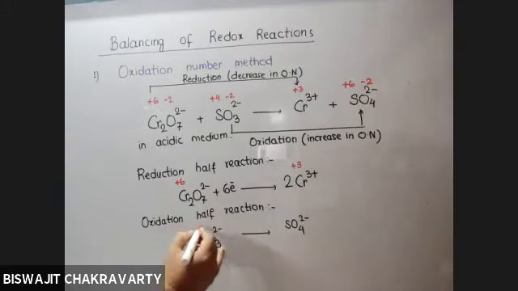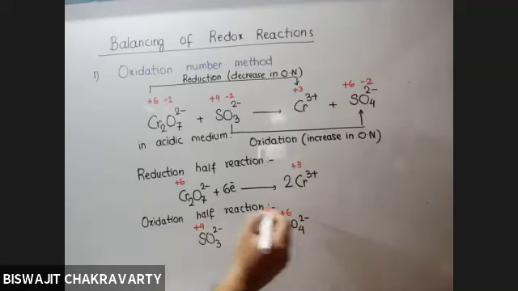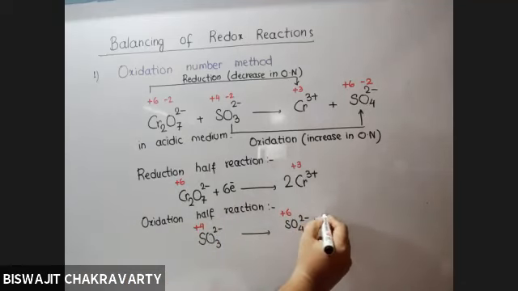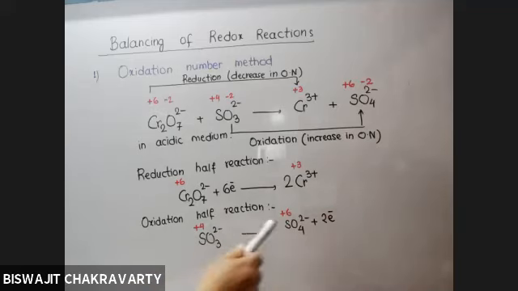The change in oxidation state is from +4 to +6. Tell me, how many electrons need to be given? 2 electrons. But on the right hand side or the left hand side? Right hand side, isn't it? Yes, sir. 6 minus 4 is equal to 2, or not?